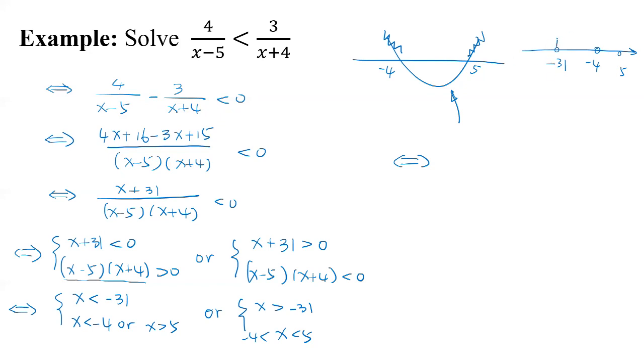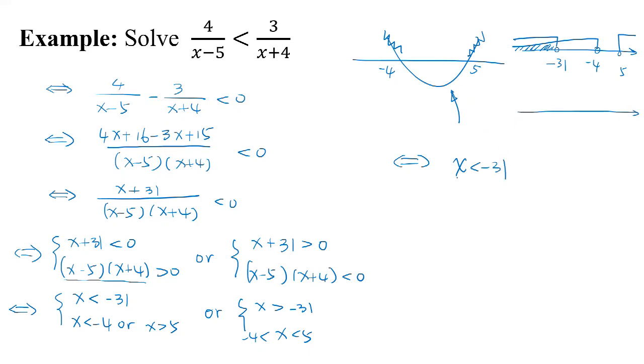So first of all, x is less than minus 31, right? Next one, x is less than minus 4. So less than minus 4 is here, and then x is greater than 5, right? So the overlapped area apparently is here. So the solution of the first branch is x less than minus 31.